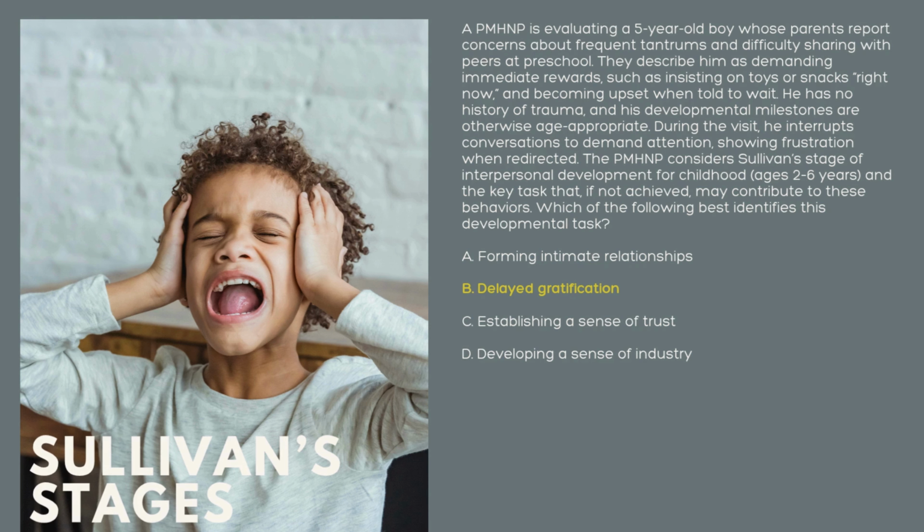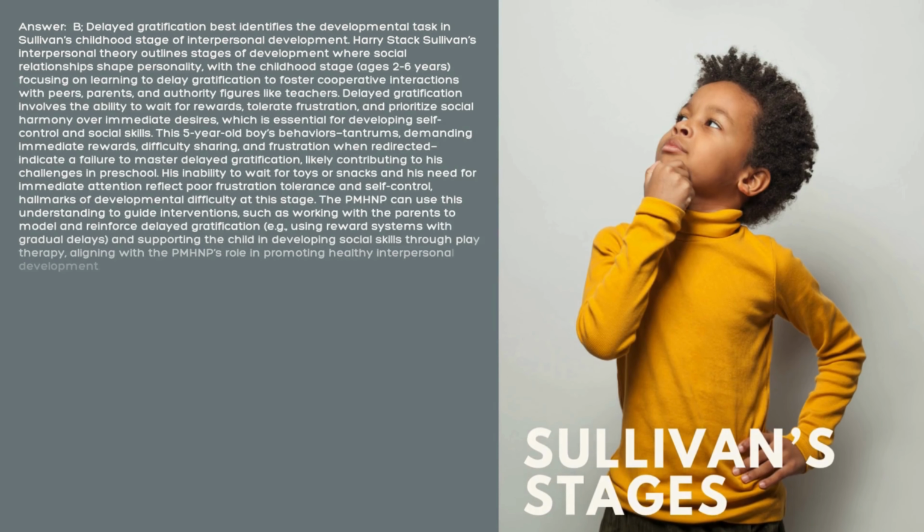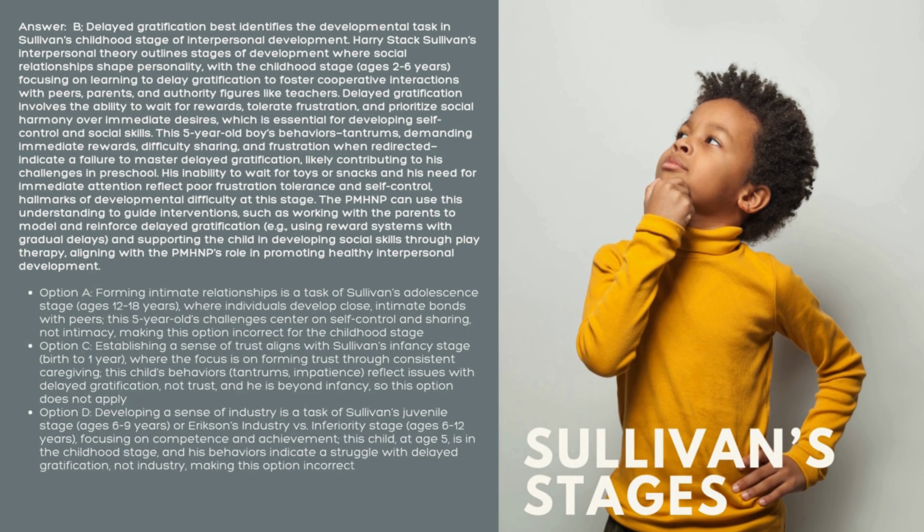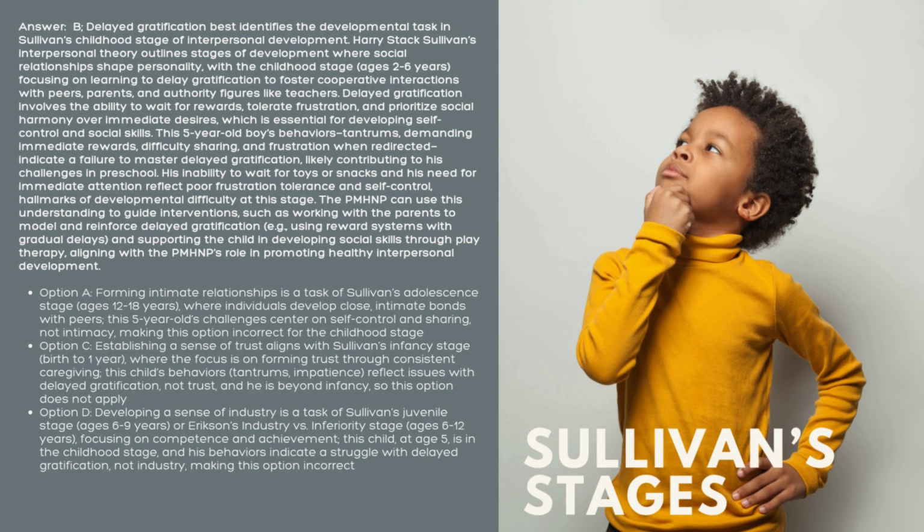All right, so we have behavioral concerns here presented by tantrums, difficulty sharing with peers, demanding immediate rewards, and behavioral observations that include demanding attention and getting frustrated when redirected. And that's suggesting a need for instant gratification. And then context here, there's no trauma history, age appropriate developmental milestones, and we're in a preschool setting. So these behaviors suggest a developmental challenge rather than a psychiatric disorder.